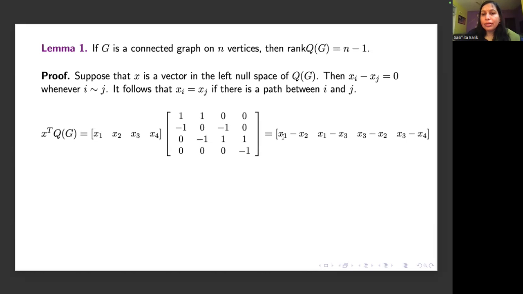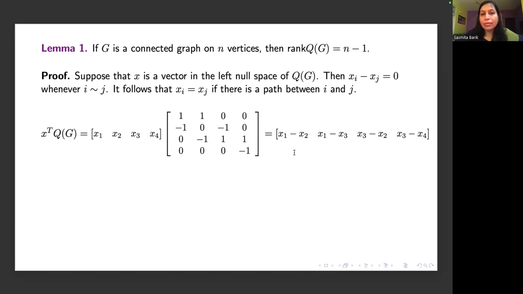So then these will all be 0. You can observe that x1 will be equal to x2, x1 will be equal to x3, like this. So if a vector is lying in the left null space, then x1 and x2 are equal if 1 is adjacent to 2. Similarly, if 1 is adjacent to 3, then x1 will be equal to x3.